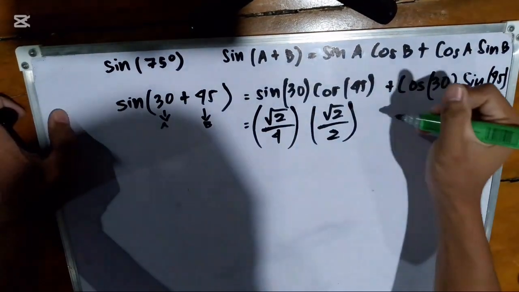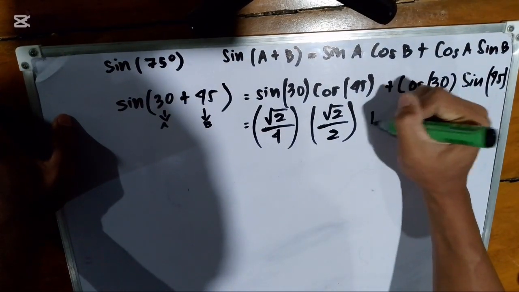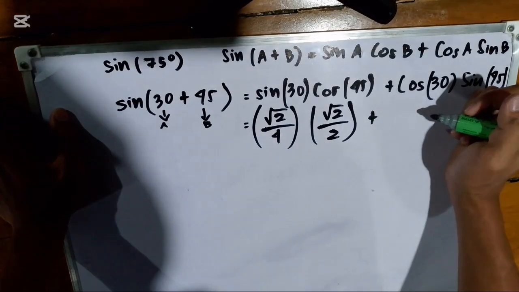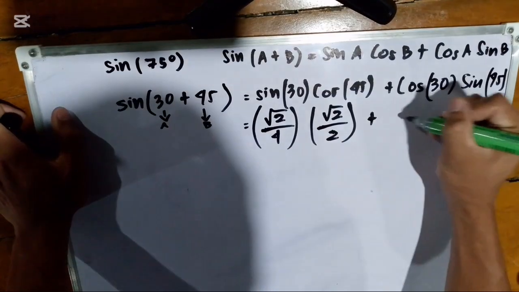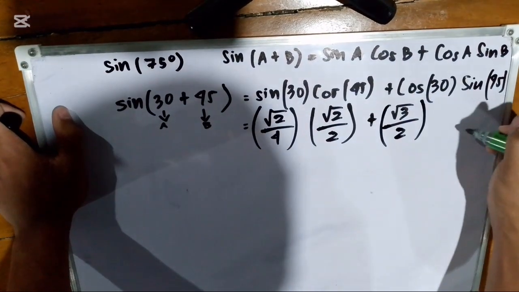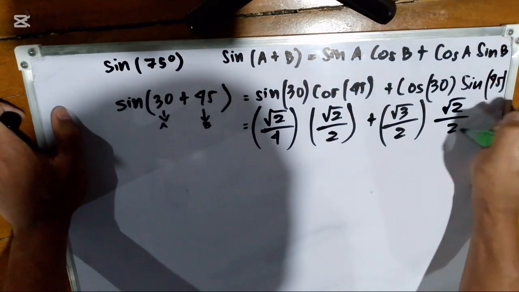After that, don't forget the plus sign and continue locating their corresponding values. And the cosine 30 is root 3 over 2 times the sine 45 degrees, which is root 2 over 2.